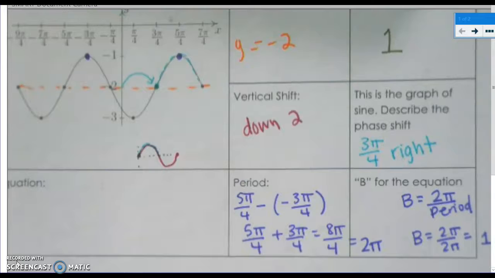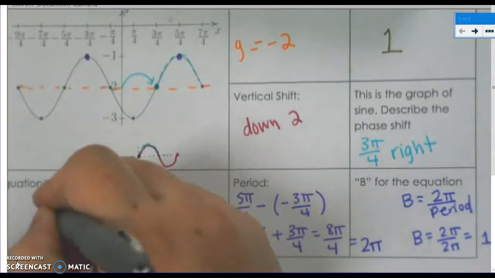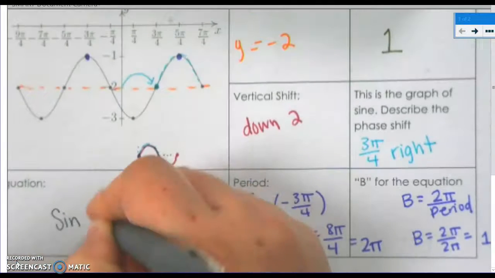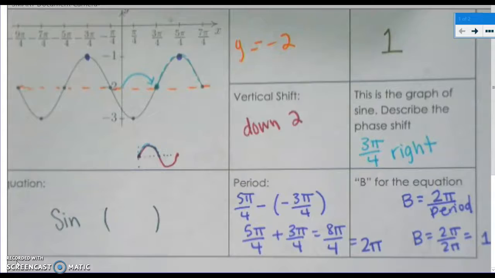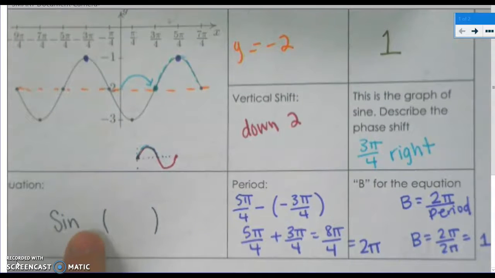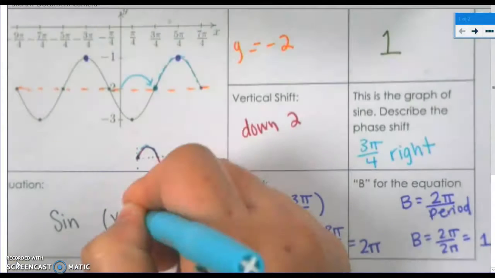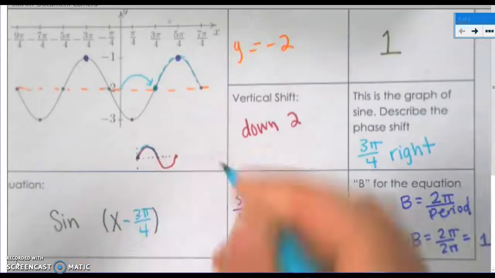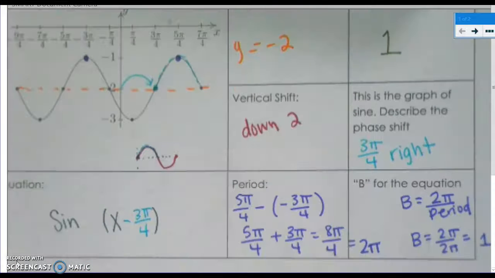If your amplitude is 1, you don't have to put anything there. Sine. And again, I don't really need to put anything there. I don't know why I left the space there. I'm not going to put anything there because b is equal to 1. 3 pi over 4 minus 2.